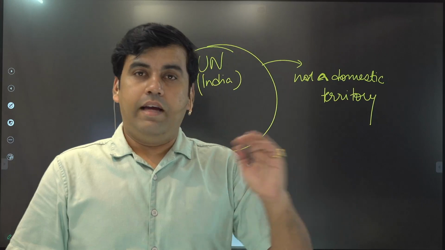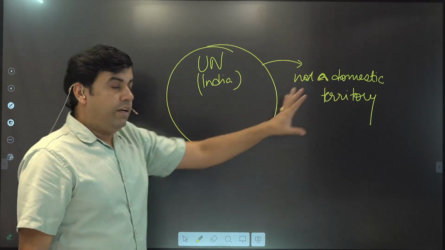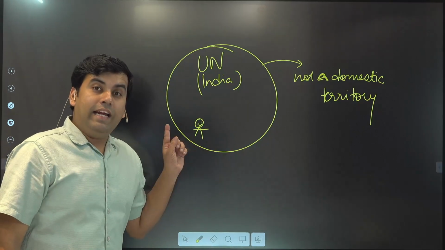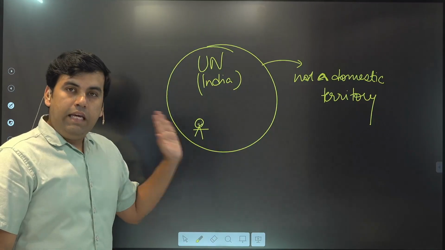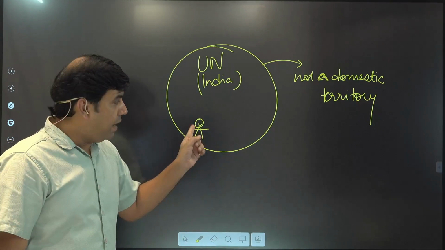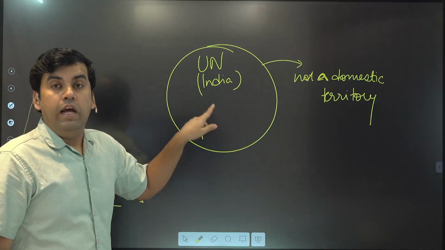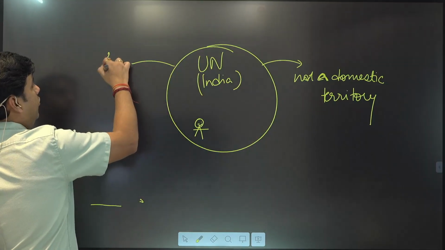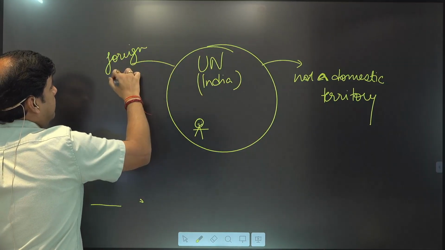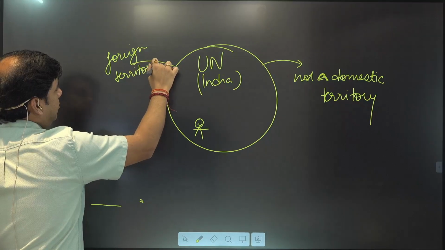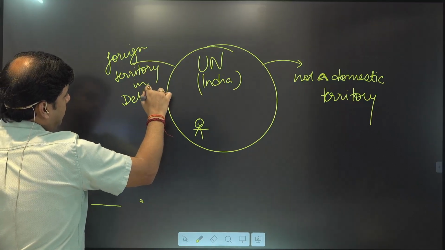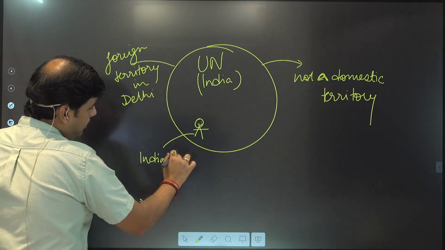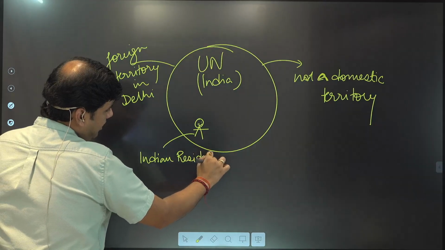They are exempted like an embassy. But if an Indian person is working over here, he will be called an Indian resident, despite working inside this office, which is considered foreign territory in Delhi.